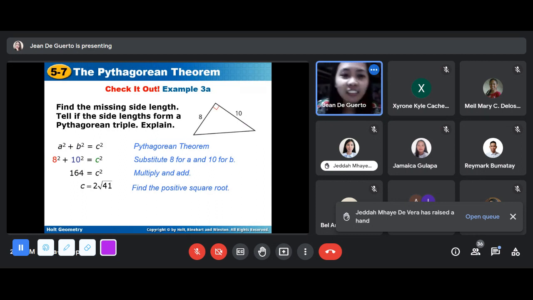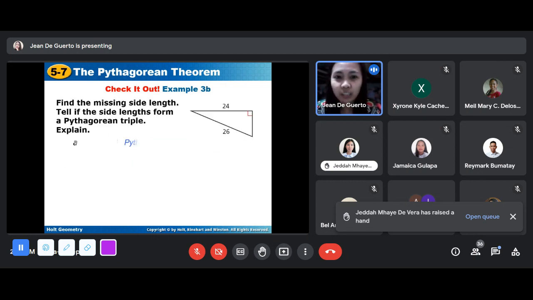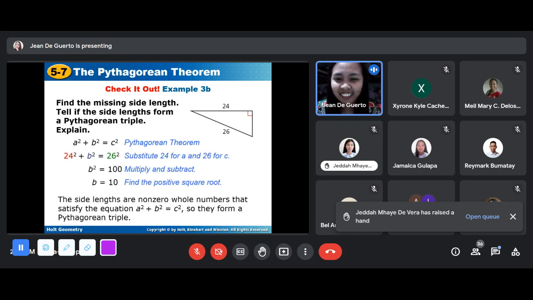So of course, kagaya dun sa previous na example natin, this pair of numbers or group of numbers are not Pythagorean triples. Tama? Because they are not whole numbers. Itong value ng C natin is not a whole number. Okay? So, skip na natin yung isa pa. Okay na yan.